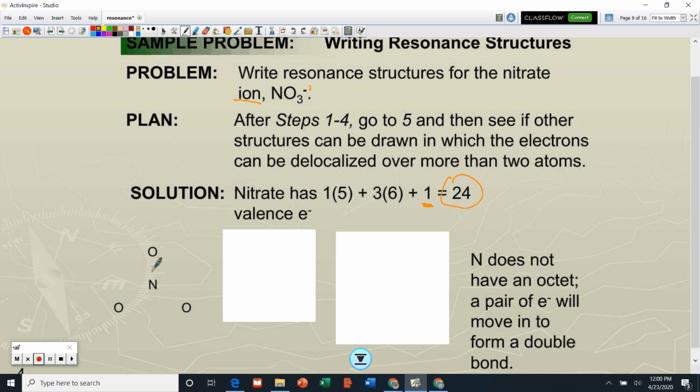All right, now we're going to draw a single bond to each of those, and that is using 2, 4, 6 electrons. And then we're going to fill the octets of each of the oxygens.